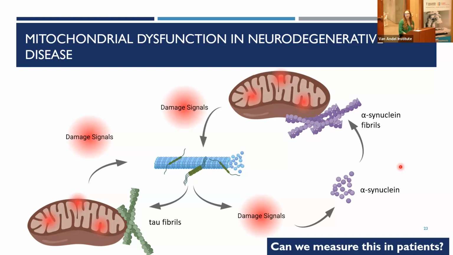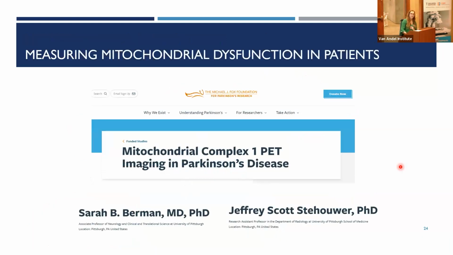And I don't have any exciting news on this front right now, but I do want to say that there is a really great study that's going on right now through the Michael J. Fox Foundation. And this is in Pittsburgh, Pennsylvania. And these two researchers are looking at PET imaging.